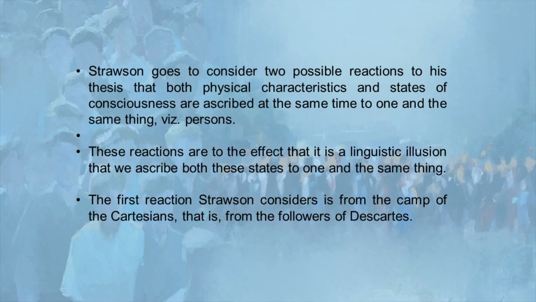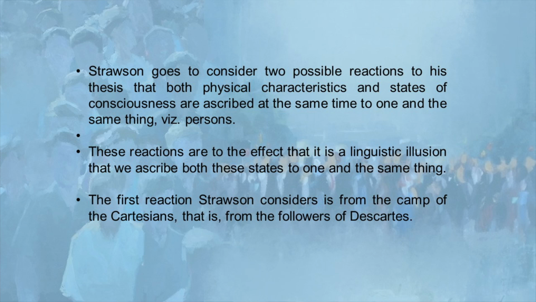At this point, Strawson goes on to consider two possible reactions to his thesis that both physical characteristics and states of consciousness are ascribed at the same time to one and the same thing, that is, persons. These reactions are to the effect that it is a linguistic illusion that we ascribe both these states to one and the same thing.